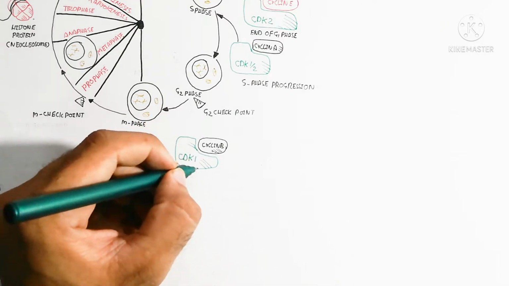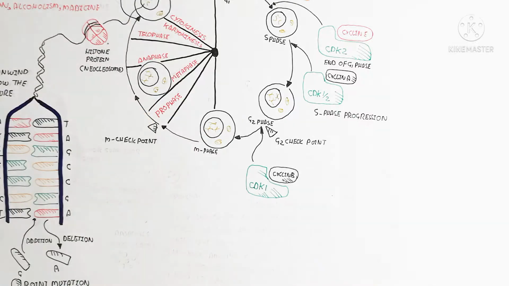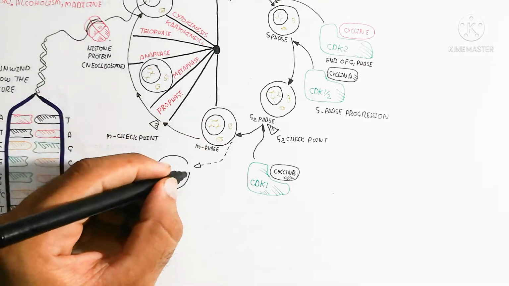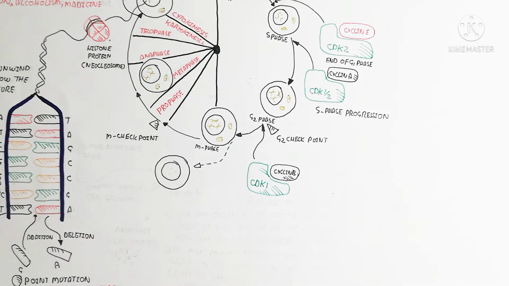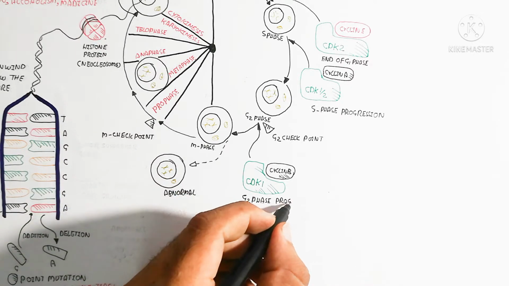After the S phase progression, the G2 checkpoint also occurs. And after the G2 checkpoint, the G2 phase basically begins. Before the beginning of the G2 phase, there is G2 phase progression by cyclin B and CDK1.